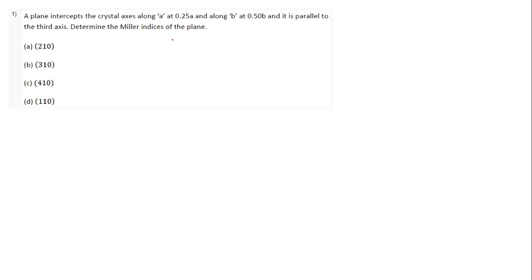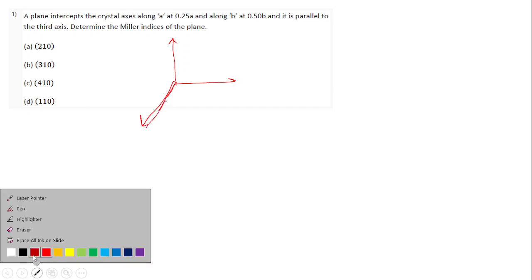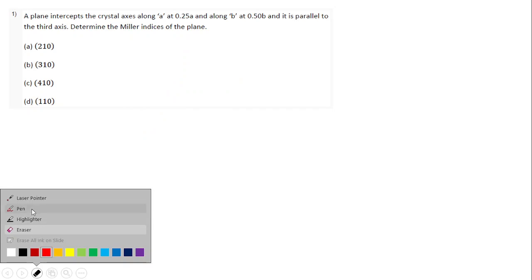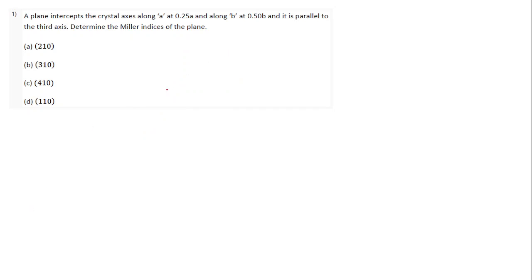Okay, so because they have not given anything else, we'll consider a system where all the angles are 90 degrees. Very bad drawing, I'm sorry. This digital pen is a little difficult to handle, that's why this happens. All angles are 90 degrees. This is, say, crystal axis A, this is B, this is C.